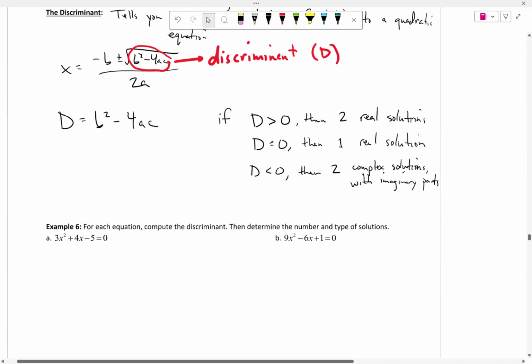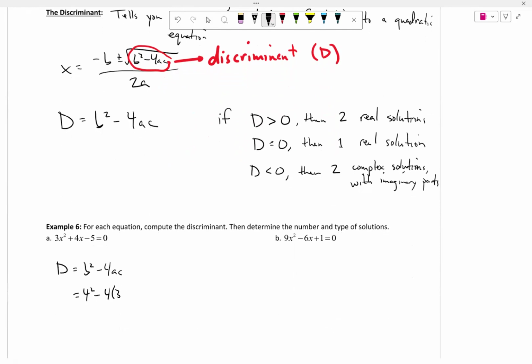So when I do 3a, all I care about is that D equals b squared minus 4ac. b is equal to 4, a is 3, c is negative 5. Now it does say to compute the discriminant, but do I actually need to compute it to know how many solutions we have?